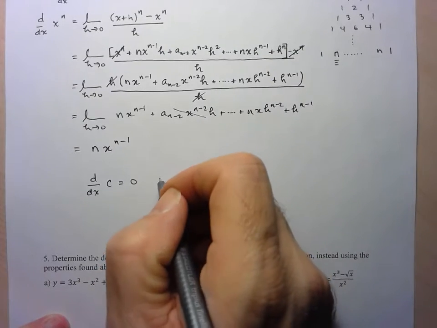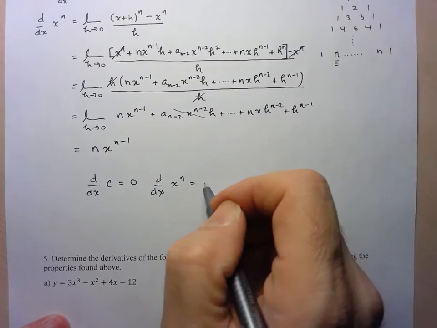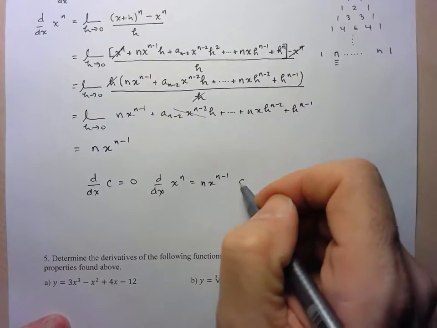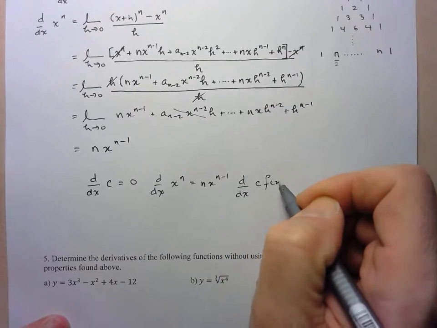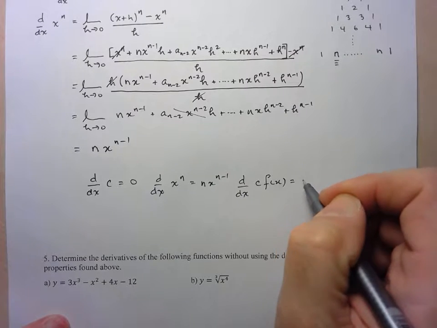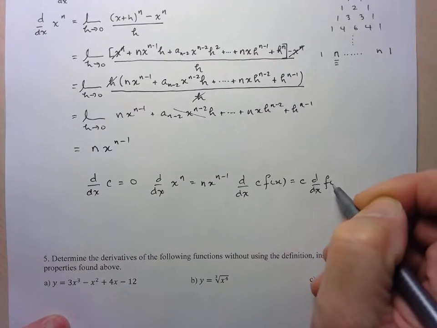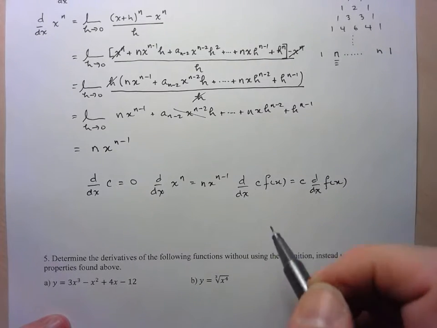We have that the derivative of any power of x can be found easily, so nx to the n minus 1. We have that the derivative of a constant times a function is just the same as multiplying that constant to the derivative of the function. All right. This was the one I didn't prove, so you should be proving that on the other sheet.